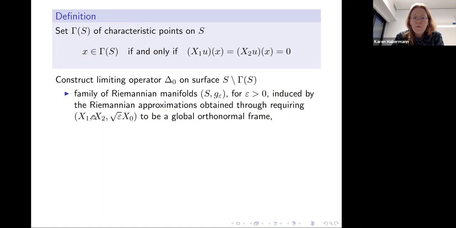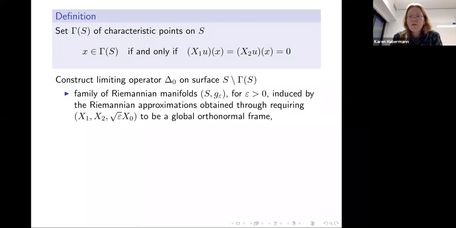Because by construction they're linearly independent everywhere, we can, for each epsilon positive, induce on the three-dimensional manifold M a Riemannian metric, which is defined by requiring x1, x2, and square root of epsilon x0 to be a global orthonormal frame. This uniquely defines a Riemannian metric on M.